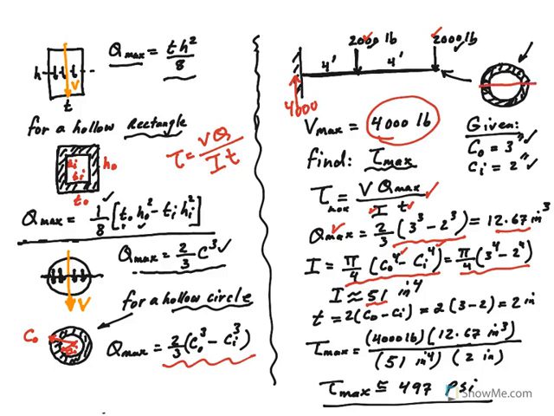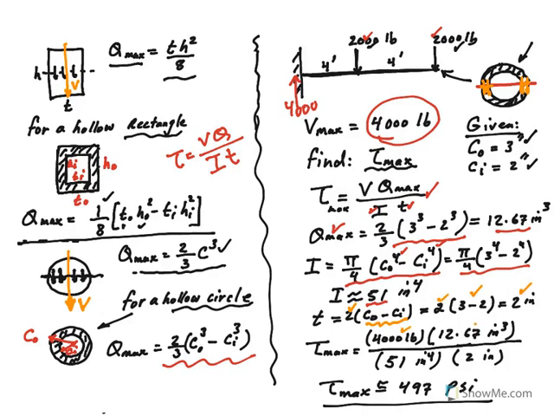Remember, t is where the shear stress is acting. Where is the shear stress acting? Here and here, right? So that would be the two thicknesses, thickness times 2. What is the thickness? Thickness is c outside minus c inside, but you have to double it, so be careful. So that becomes 3 minus 2 is 1, 2 times 1 is 2 inches.